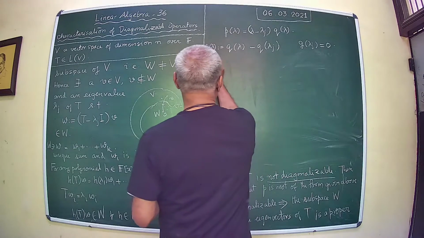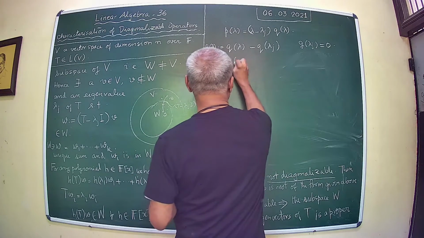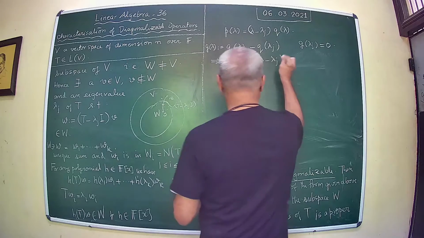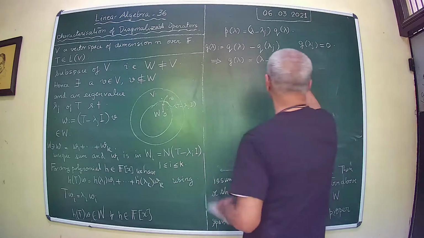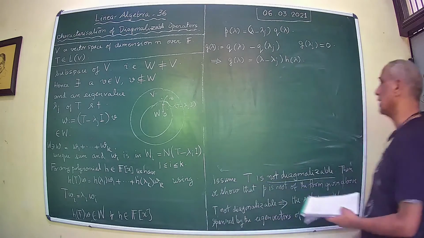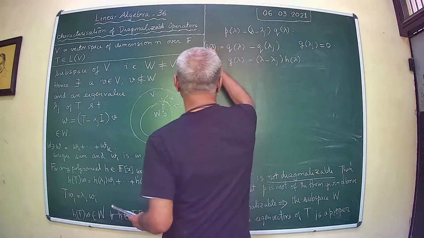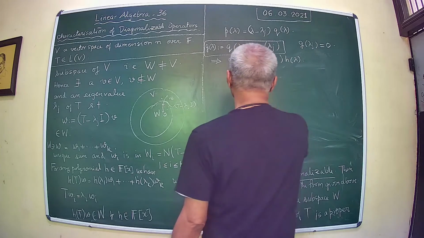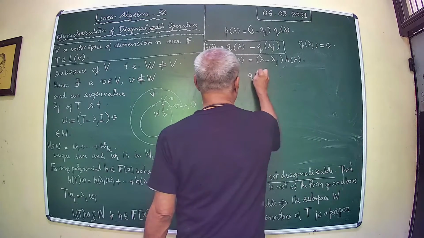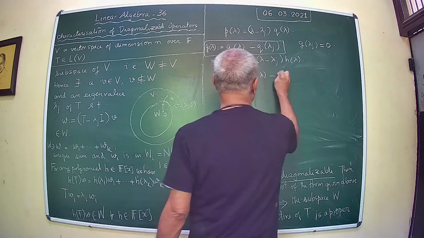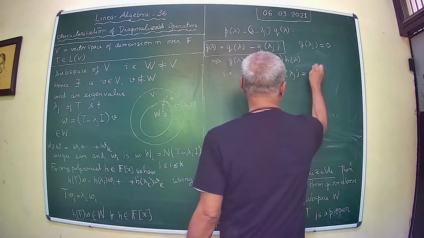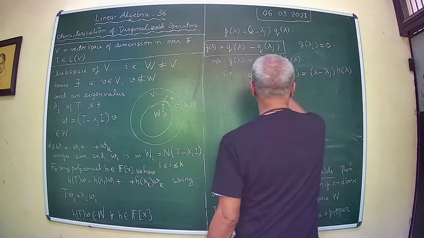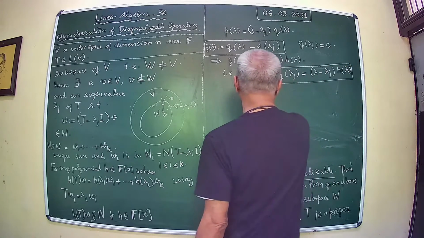Therefore, G lambda is of the form Q lambda minus Q lambda j. This is the one that we are going to use.